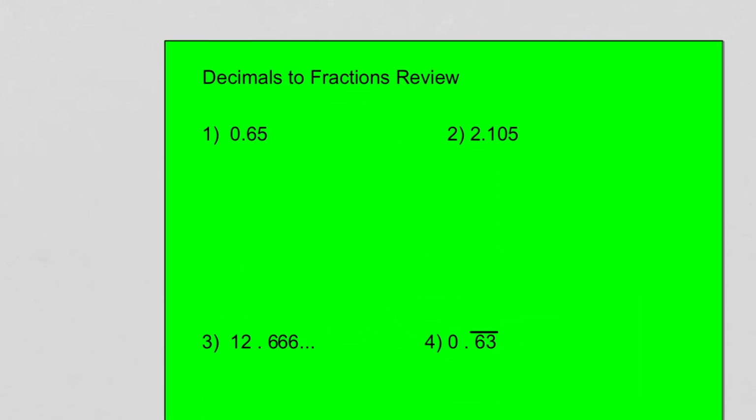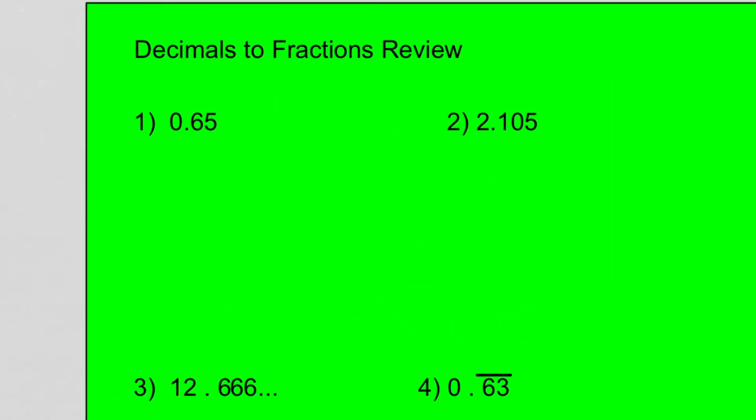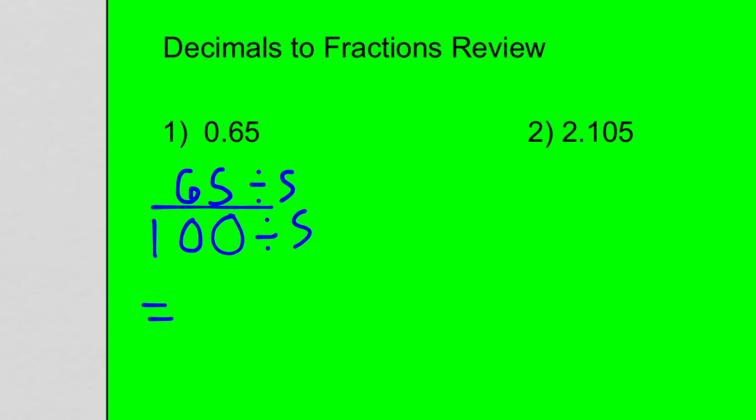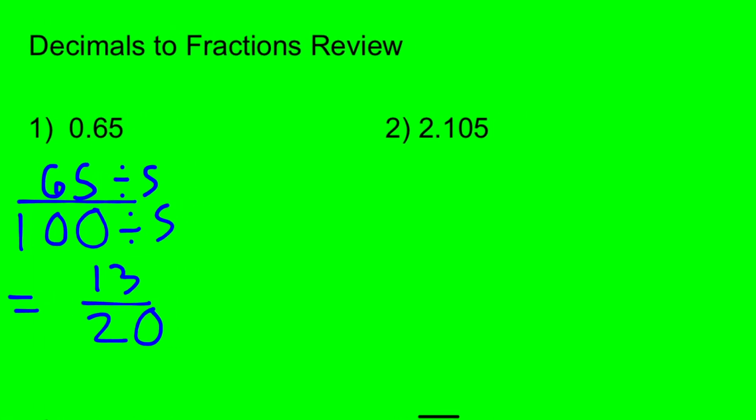Okay, let's just review what we've done here. So if we had 0 and 65 hundredths not repeating, we'd have a 65 on top and 100 on the bottom. And then we'd reduce to lowest terms. Divide by 5, and you get 13 out of 20. Same thing here, terminating decimal. Whole number 2, 105 on top, the digits behind the decimal on top.